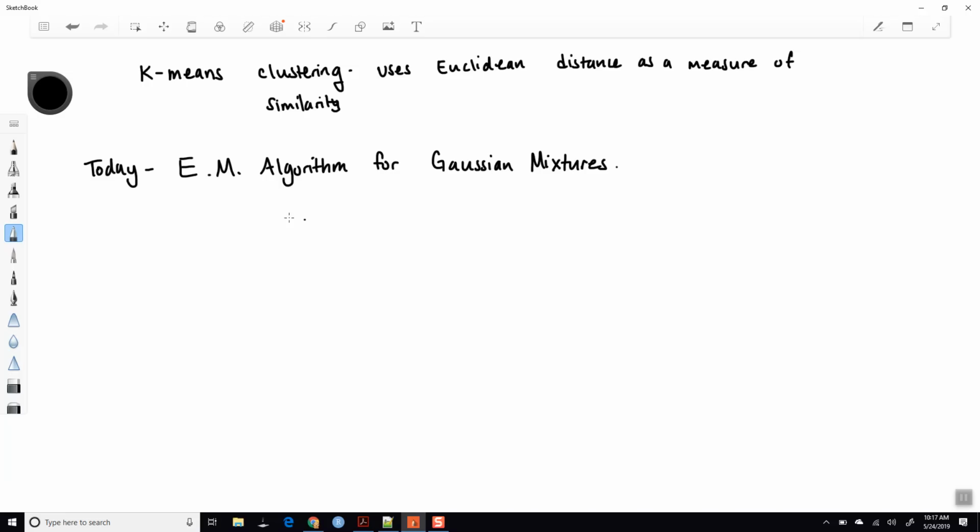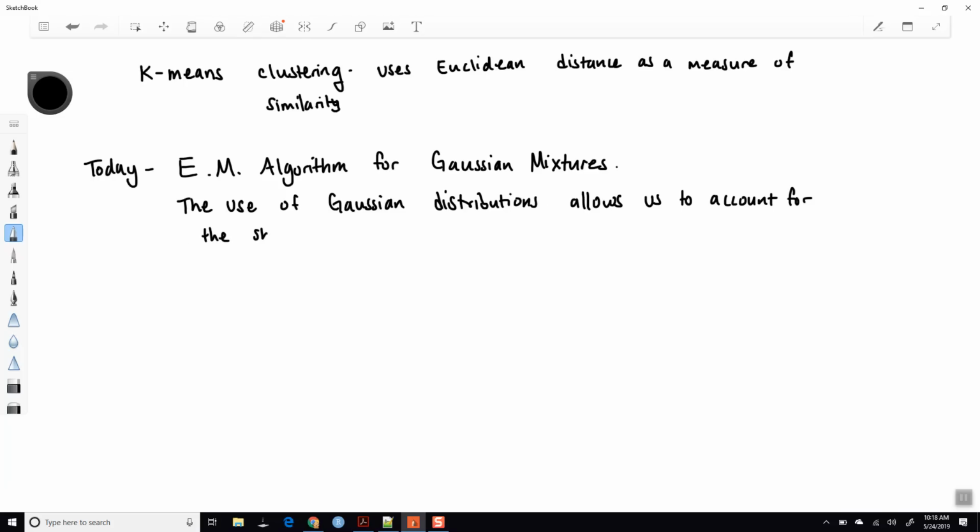EM algorithm for Gaussian mixtures, and this allows us the use of Gaussian distributions to account for the shape of the distribution.